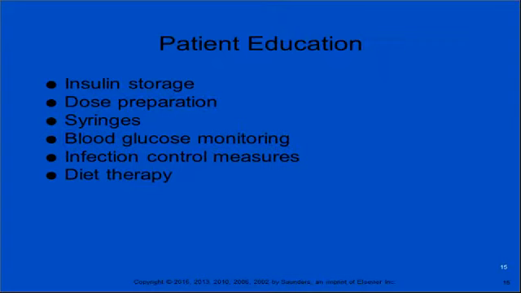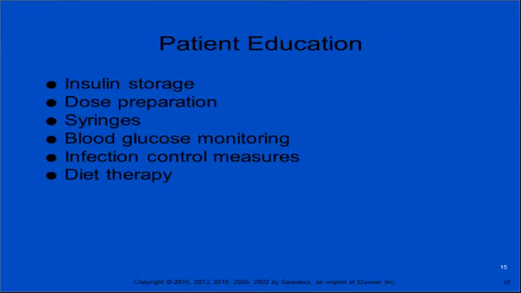So patient education, again, they need to know how to properly store their insulin. Most insulins need to be stored in the refrigerator. How to prepare their dose, wiping off the top of the bottle, making sure they don't shake it, that they roll it, and then, of course, how to use their blood glucose machine.